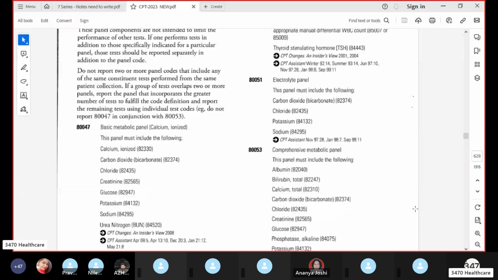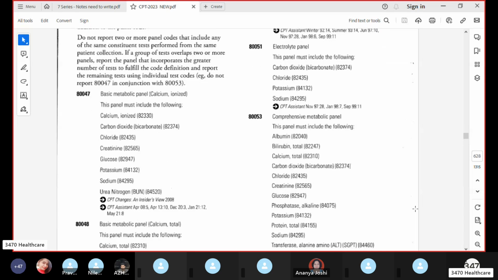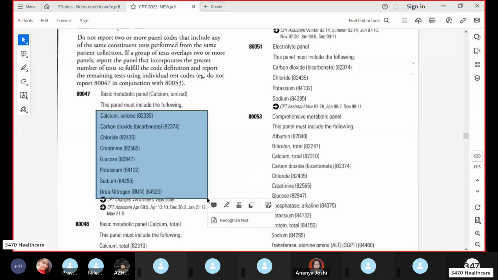Example: for 80047, the panel lists calcium ionized, carbon dioxide, chloride, creatinine, glucose, potassium, sodium, and urea nitrogen. If all 8 tests are performed, you can go with code 80047.